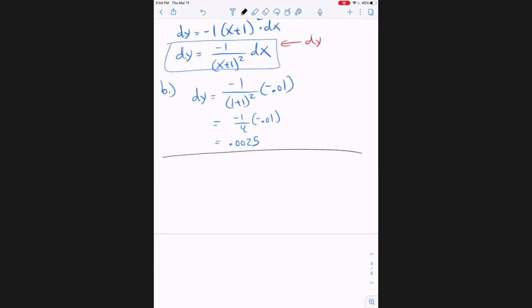All right, moving on. Next, we're going to use differentials to estimate 1 over 4.0.